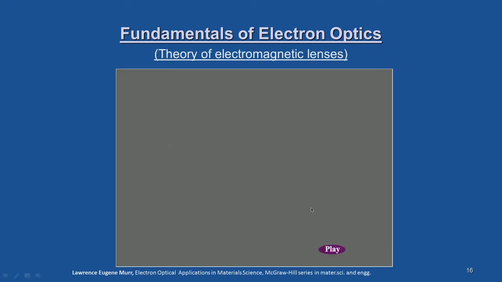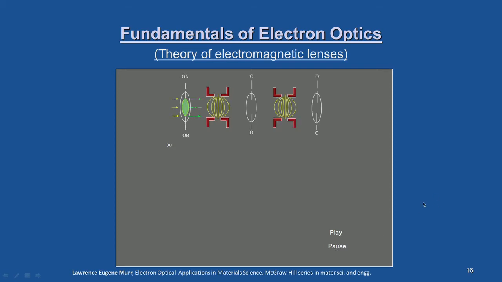So, now I will play some of the schematic where we will demonstrate the electromagnetic system. I want you to go through this carefully and see what you observe. Then I will explain one by one.